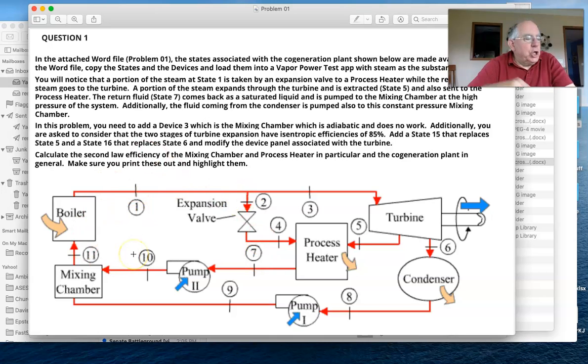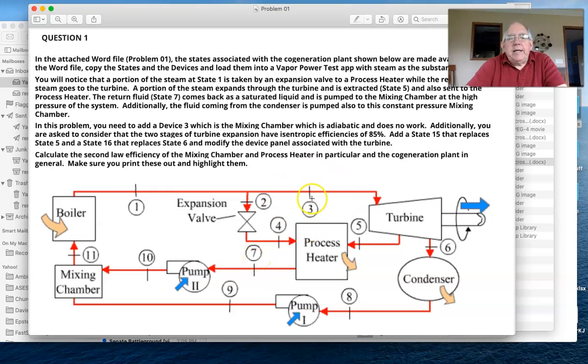As you take a look at the inputs, you were provided with conditions for the steam at state point 1, and when you observe the other state points, you find that there's 25 kilograms per second at point 1, and 20% of it, or 5 kilograms per second, is extracted off through this expansion valve.